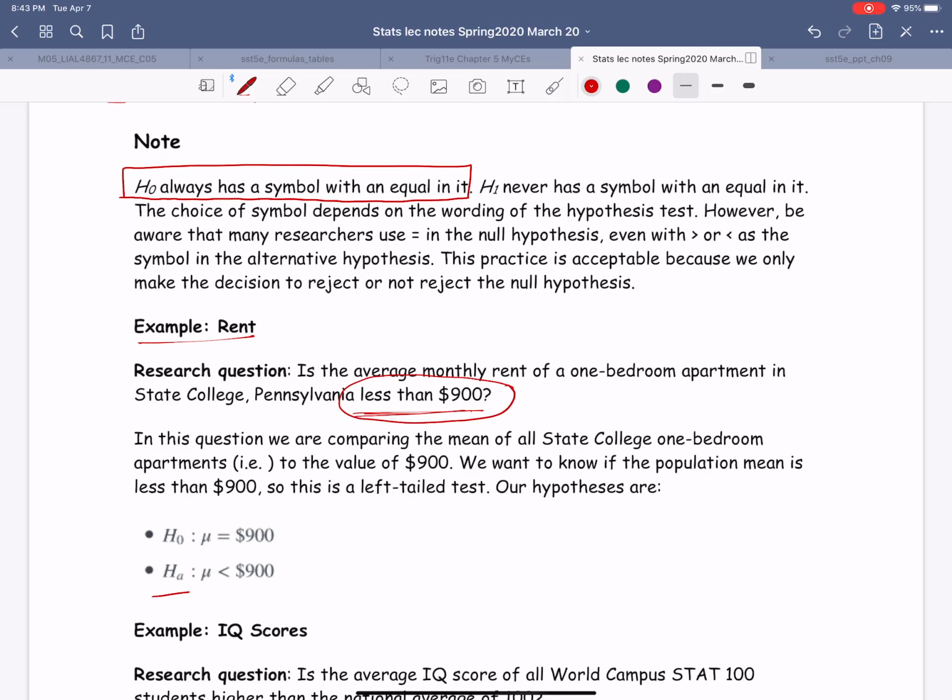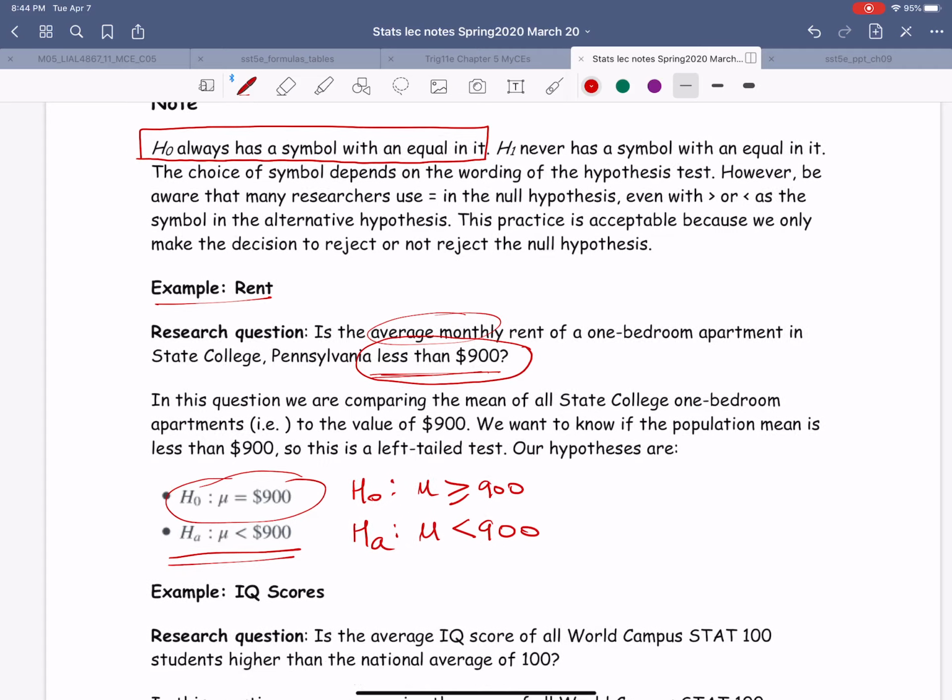So we're going to say HA is mean rent, average monthly rent. That average tells me it's a mean problem. So I'm talking about the mean is less than 900. For H naught, I actually have two different options. I can say it's greater than or equal to 900, or I can just say it's equal to 900. Both options are correct.